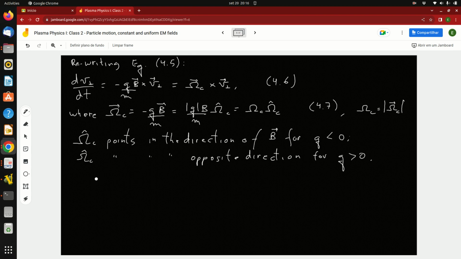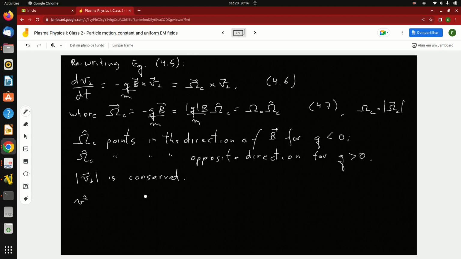Well, we have already deduced in the beginning of this class that the kinetic energy is conserved in this case. So since the energy is conserved, we know that the modulus of v perp is conserved as well. Why? Because you have a constant v square, right?